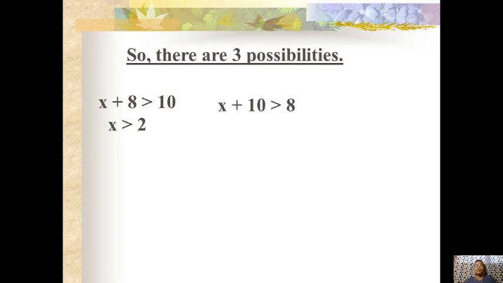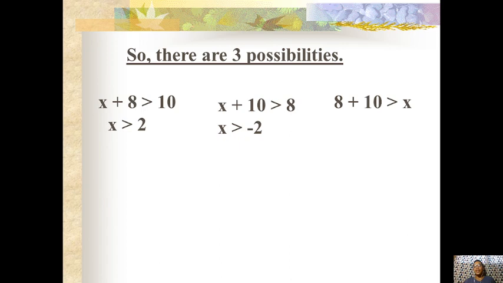Or x plus 10 is greater than 8. If we transpose 10 to the right side, we can say that x is greater than 8 minus 10, and x is greater than negative 2. And the last possibility is 8 plus 10 is greater than x. 8 plus 10 is equal to 18.